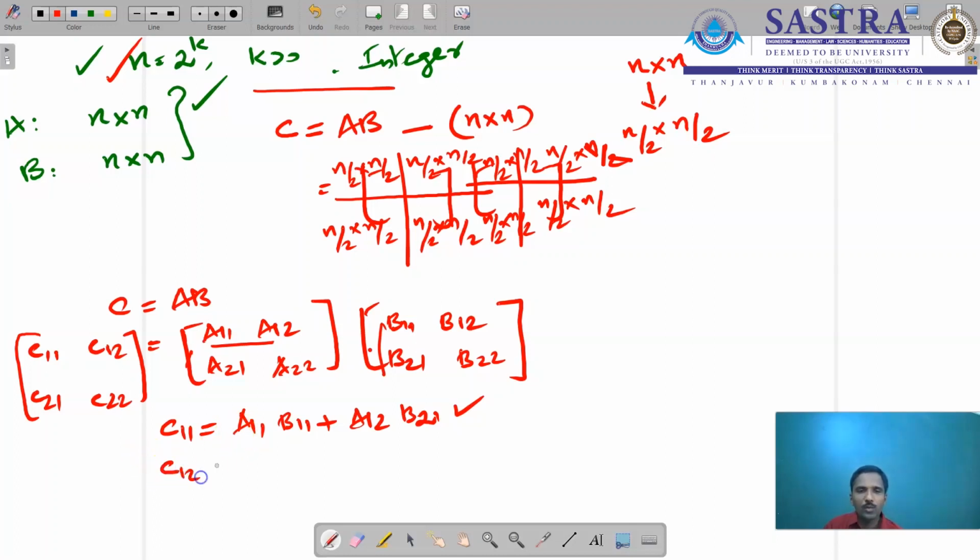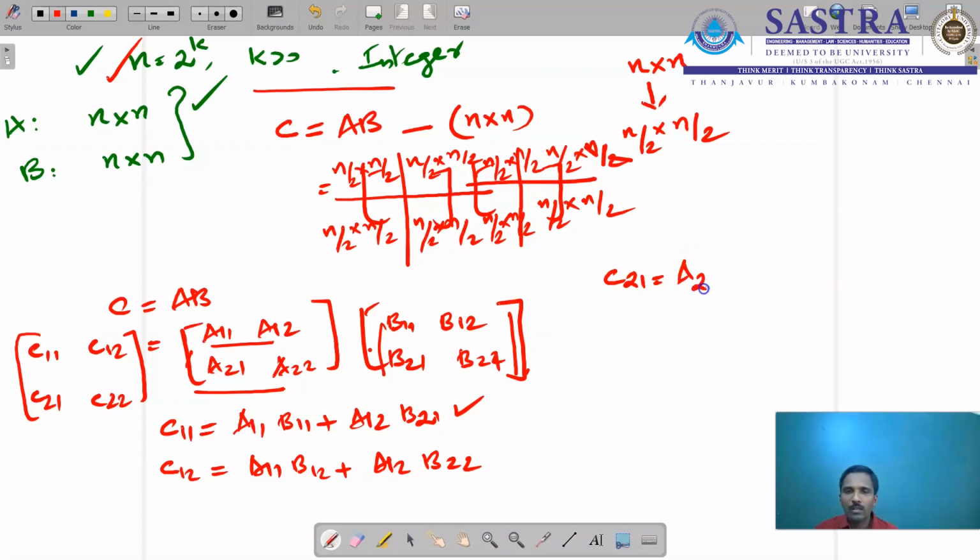Then C12, this is first row and second column, A11 into B12 plus A12 into B22. Likewise, C21, this is second row, first column, A21 into B11 plus A22 into B21. Second row, first column elements are multiplied and added.